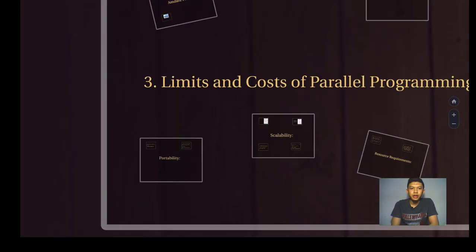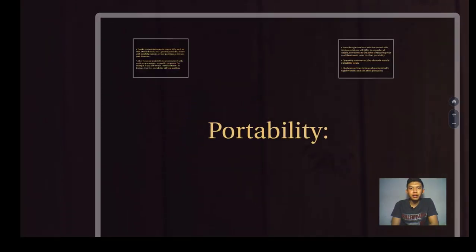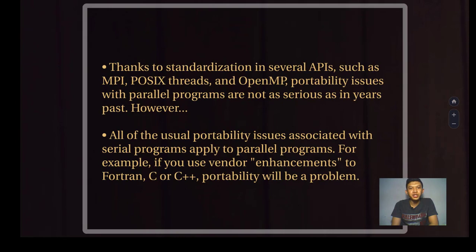And next, portability. Thanks to the standardization in several APIs, such as MPI, POSIX and OpenMP, portability issues with parallel programs are not as serious as in years past. However, all of the usual portability issues associated with serial programs apply to parallel programs.